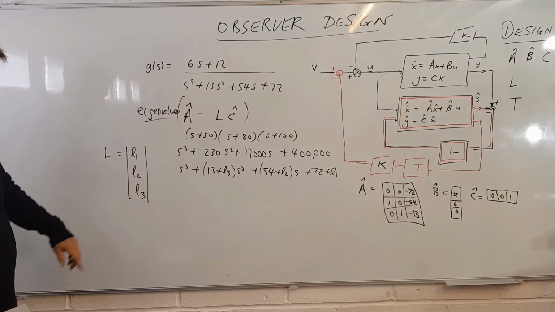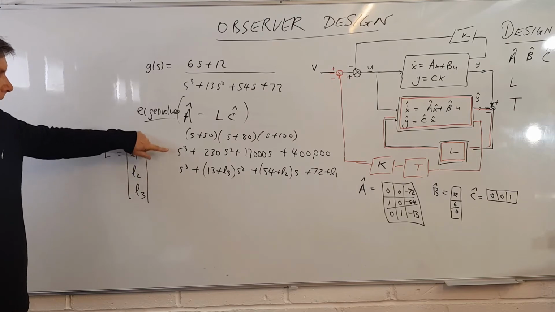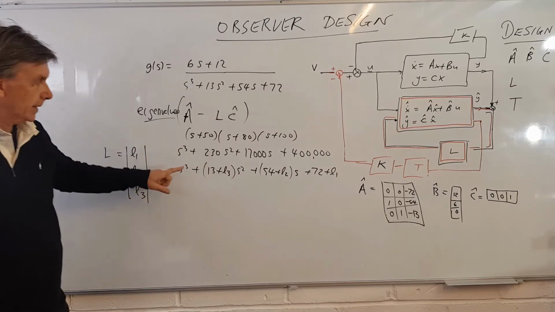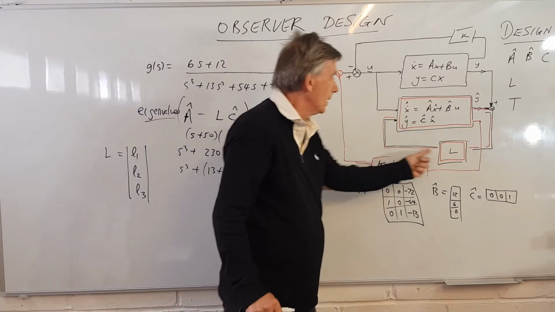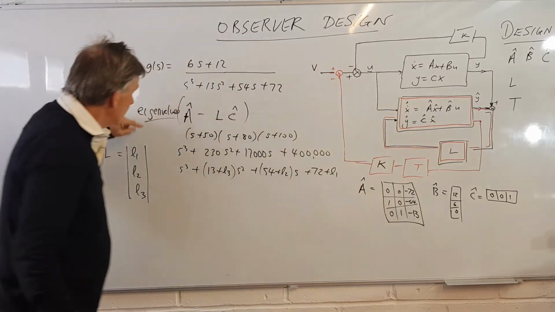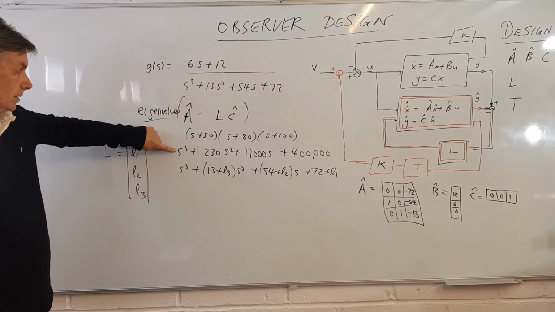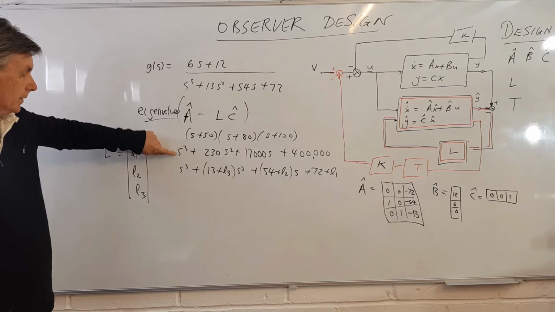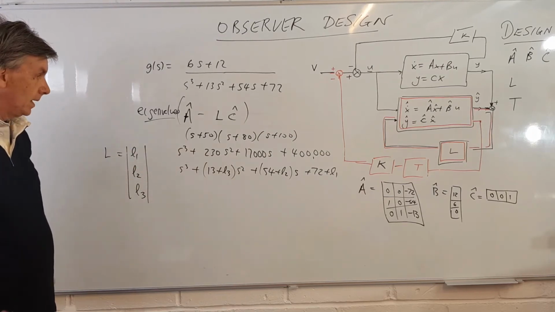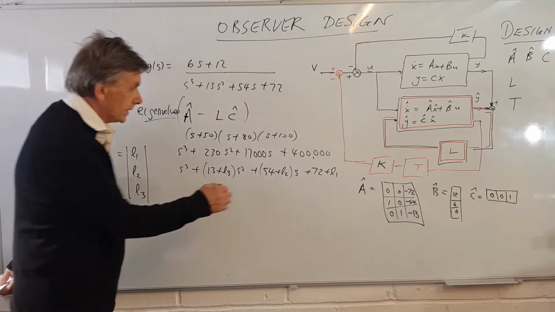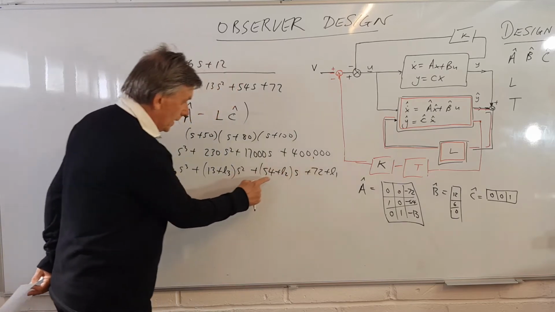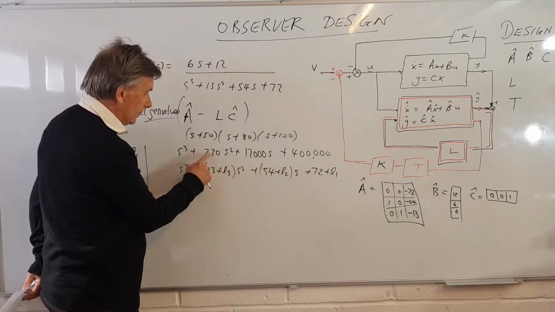Now what we can do is these 2 equations, this represents the closed loop state space equations here, and this one represents the desired closed loop equations. So these 2 equations have to be the same. So that means that this parameter here is the same as that one, and that one's the same as that one.